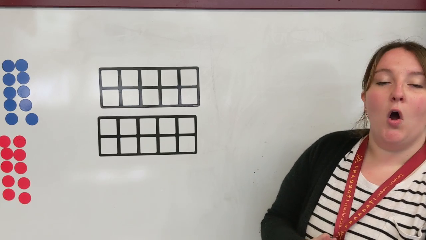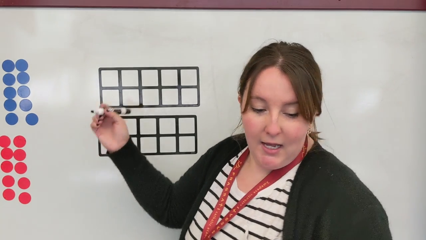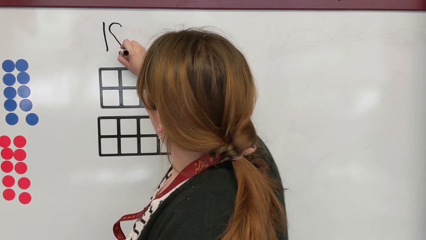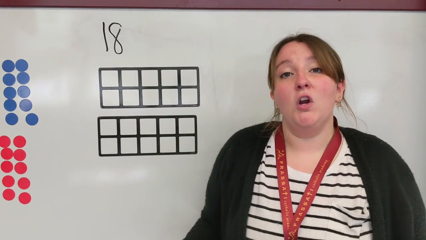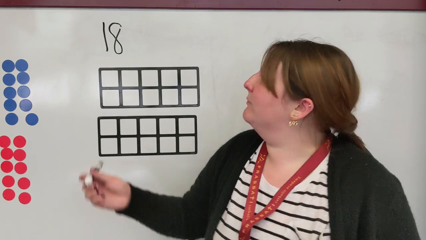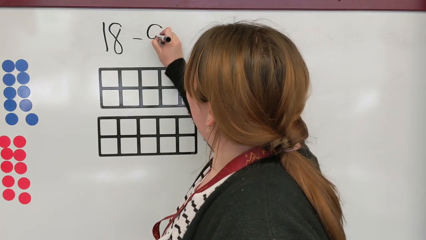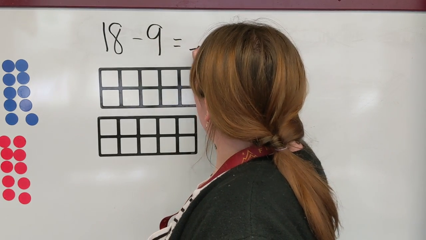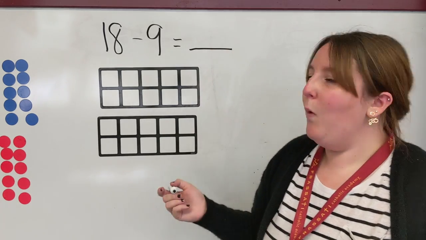So we know that altogether, Tanya has 18 roses. And we know that 9 of them are red. So we can subtract 9 to find how many roses are white.